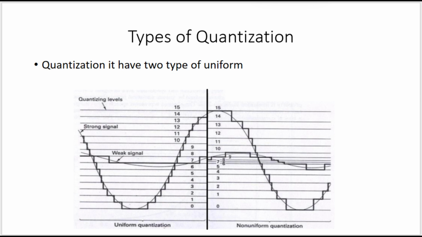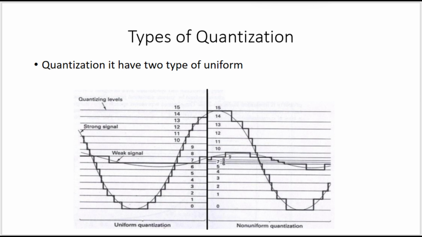Non-uniform quantization can provide fine quantization of the weak signal and coarse quantization of the strong signal. Thus, in the case of non-uniform quantization, quantization noise can be made proportional to signal size.